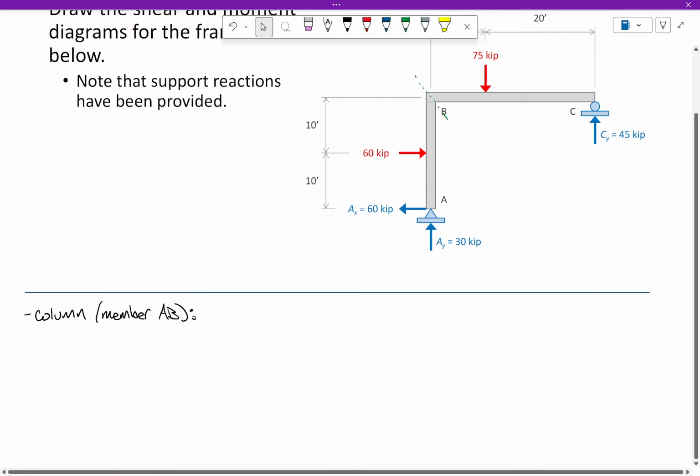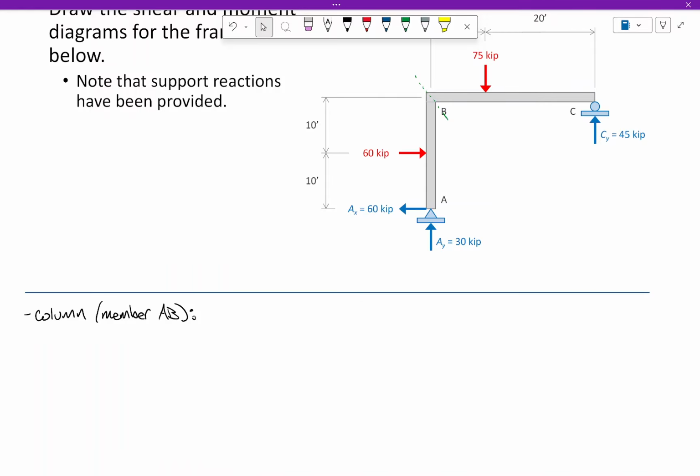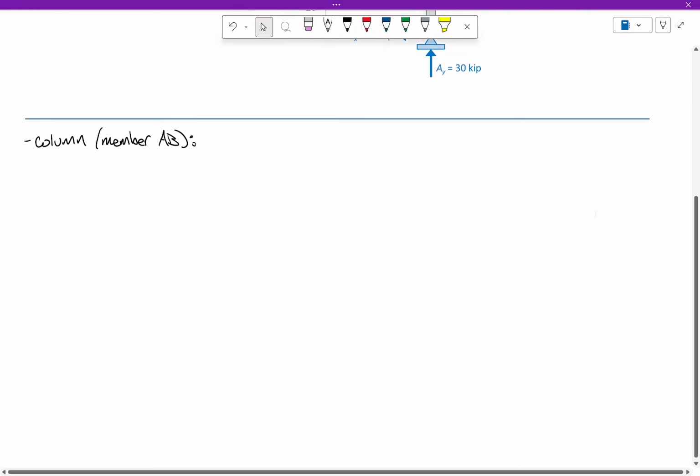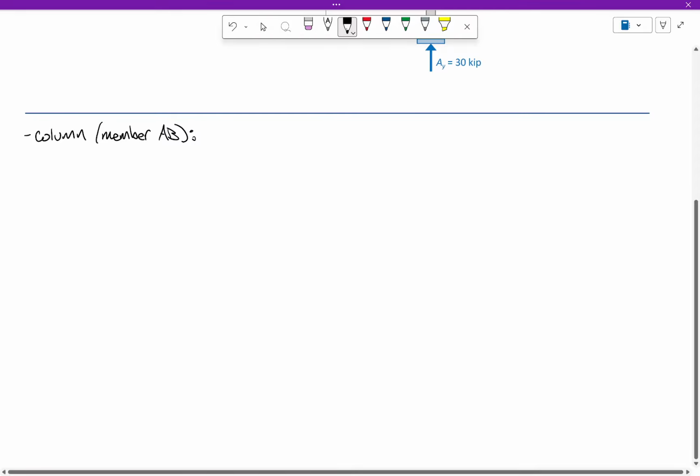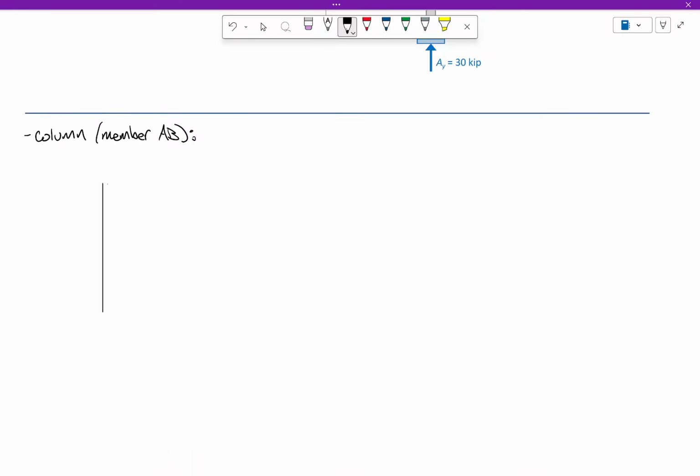It's a 20-foot long member. It has a 60 kip load, this vertical reaction here, and some unknowns right there. So let's see what we've got going on right there.